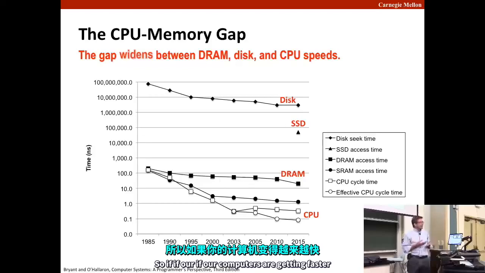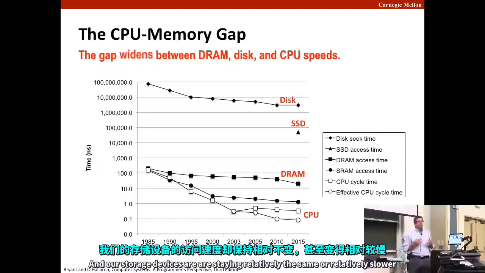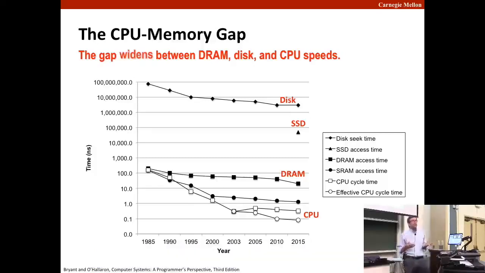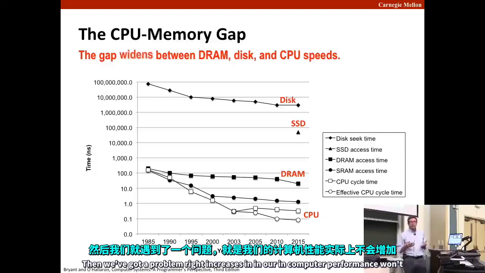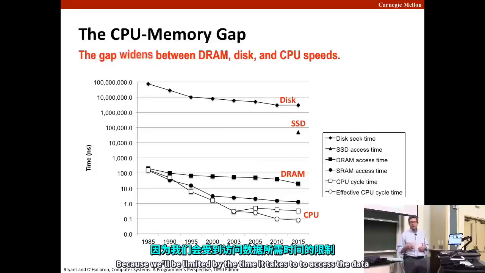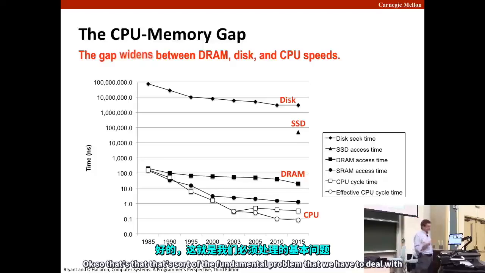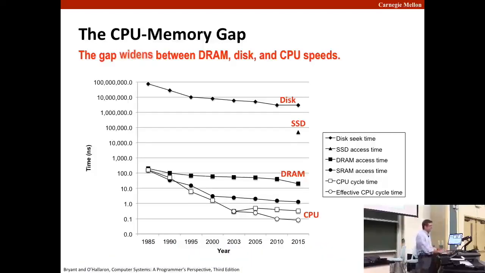So if our computers are getting faster and our storage devices are staying relatively the same or relatively slower, then we've got a problem. Even with increases in computer performance, it'll be hard to make our programs run faster because we'll be limited by the time it takes to access the data. So that's the fundamental problem that we have to deal with.